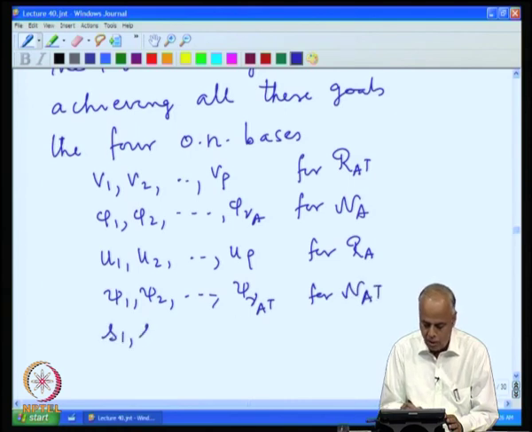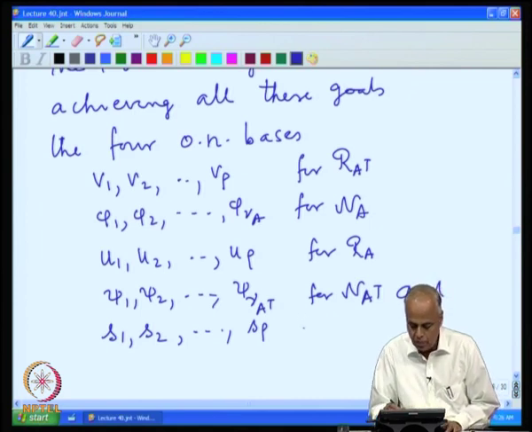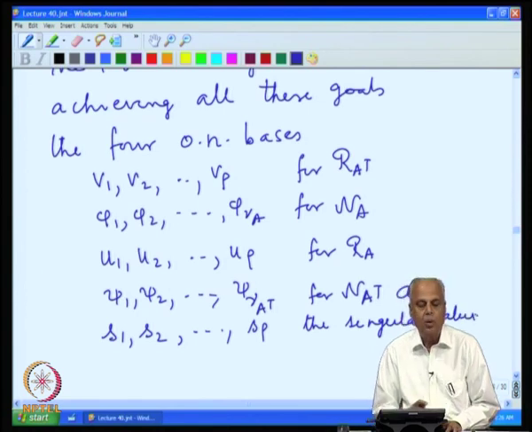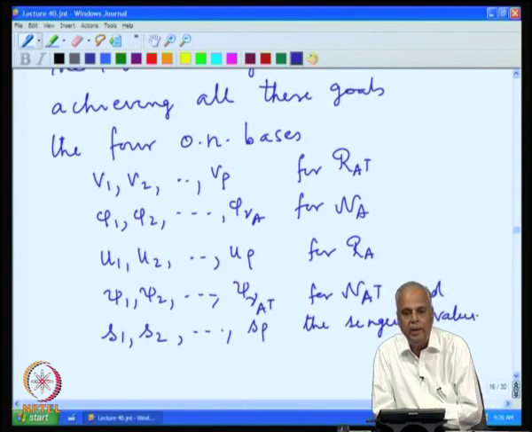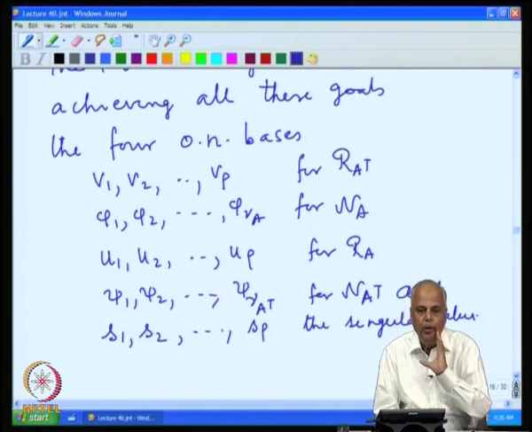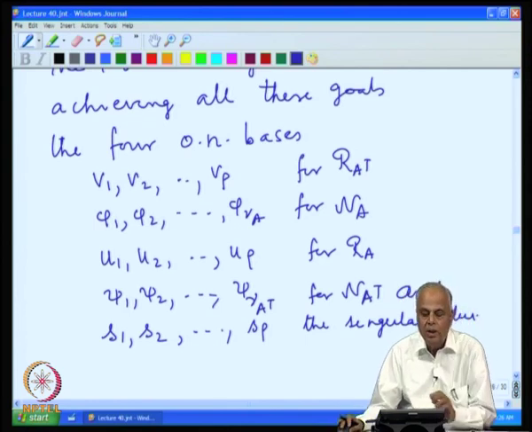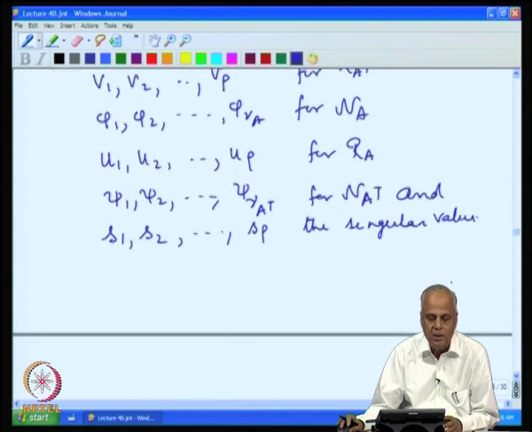Together with these 4 bases, we have S1, S2, ..., S rho, the singular values. So, these are the main ingredients for finding all the answers. Therefore, given a matrix, these are the most important things that we have to compute with such a matrix.